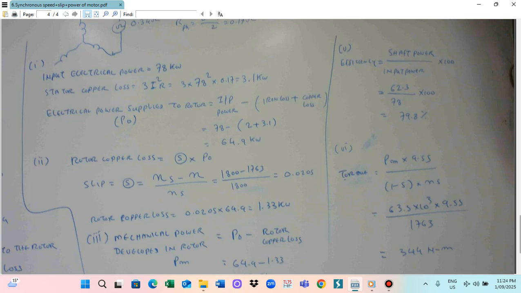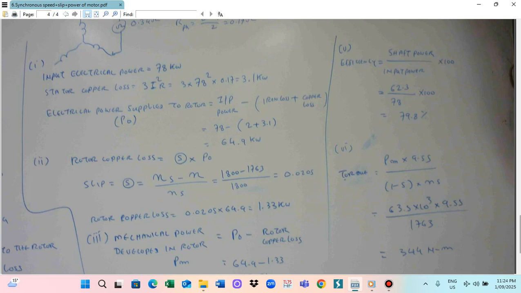So this is the shaft power equation: PM multiplied by 9.55 divided by (1 minus S) times the synchronous speed. This is what we use for the torque. The torque equation is PM multiplied by 9.55 divided by (1 minus S) times NS.